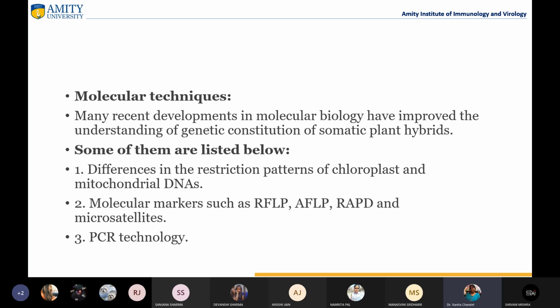So molecular markers such as restriction fragment length polymorphism or amplified fragment length polymorphism, then there is RAPD, a number of methods. ये सारे methods में क्या करते हैं, you just run your samples in a gel, you restrict with different kinds of enzymes, and then you see the pattern.